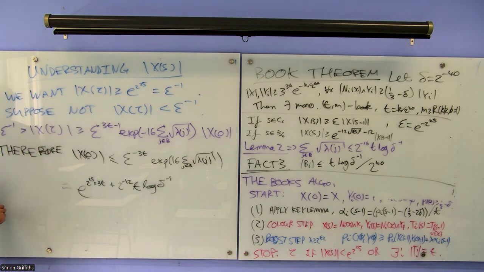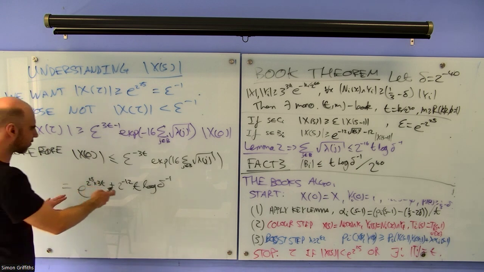It's worth noticing log 1 over delta is at most 32, 2 to the 5. This is just because delta is like 2 to the minus 40, so 1 over delta is 2 to the 40. Log of 2 to the 40 is less than 32. It's just a calculation.